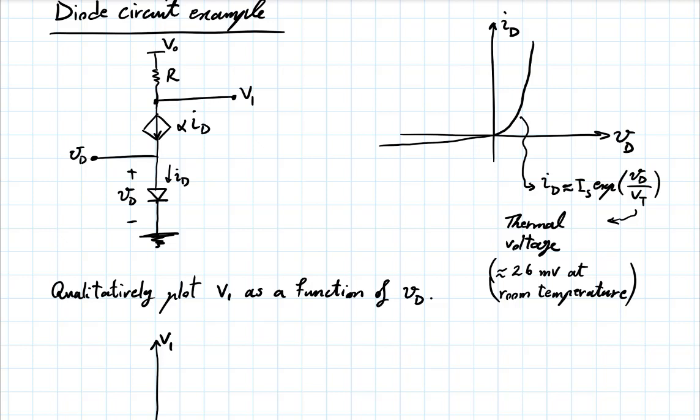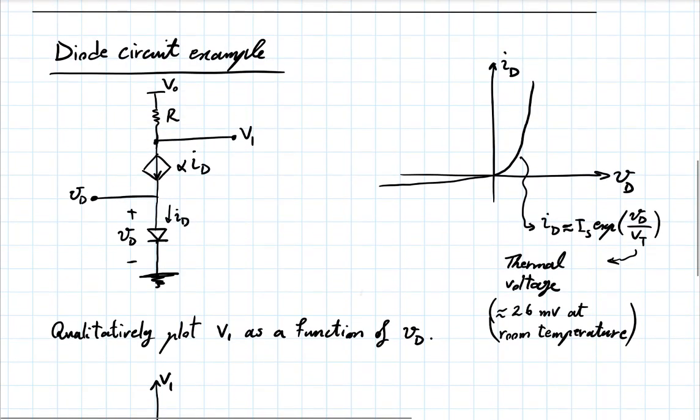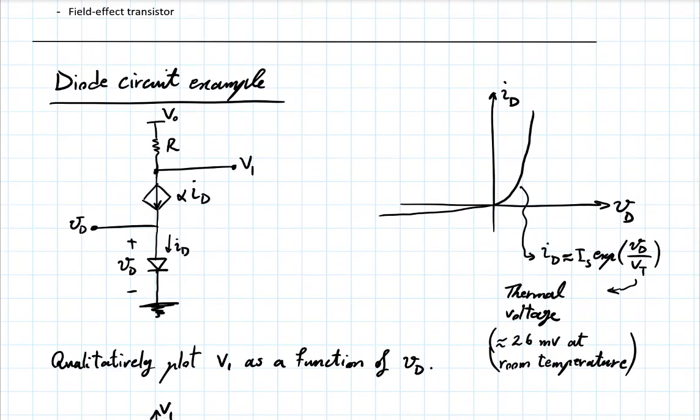Well, let's try to analyze this together. So first of all, let's start with some value on the negative side. So imagine VD is a relatively sizable negative value. And the diode that I have drawn here, for now I have not gotten into the breakdown mode.